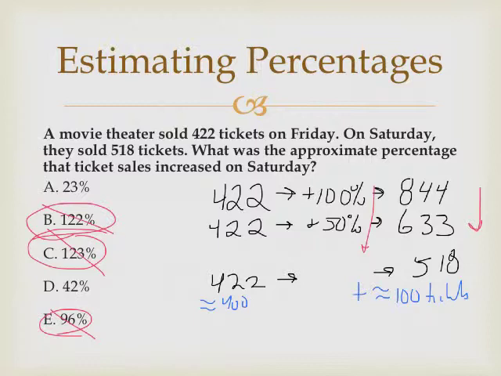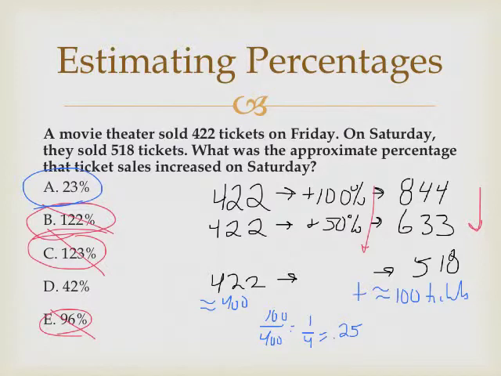But to go from 400 to increase it by 100 is what percentage? So what percentage is 100 out of 400? And that is 1/4, which is 25%, or 0.25. So it is approximately 25% of an increase, which A is where we want to be. So it brings us to 23%.